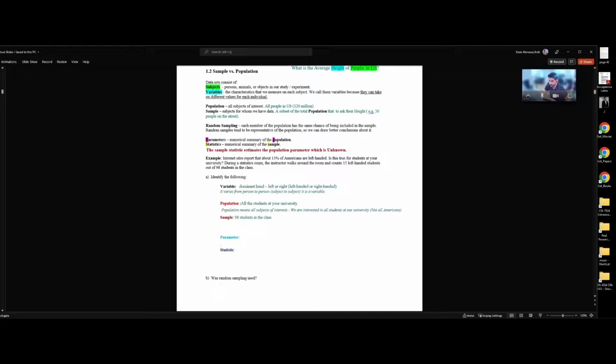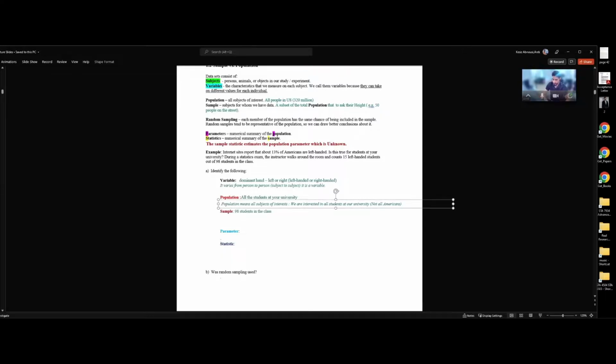So the parameter is a numerical summary, right? In this example, the numerical summary isn't the mean. It's not the average. We are not trying to find any mean. Instead, we are trying to find a proportion, the percent of left-handed students.